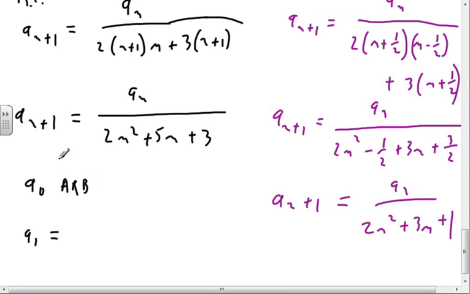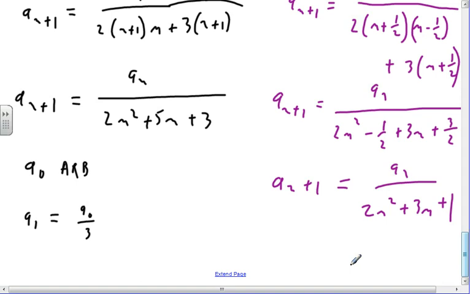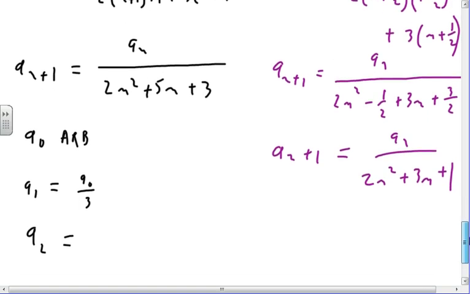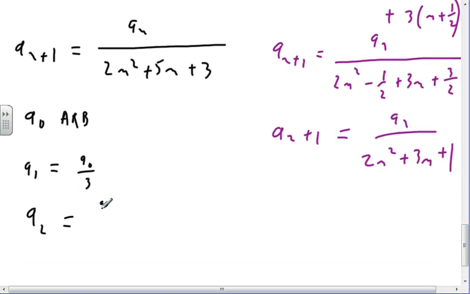A1, n is 0, is going to be a0 divided by 3. A2 is going to be a0 divided by 3 divided by 10, a0 over 30.